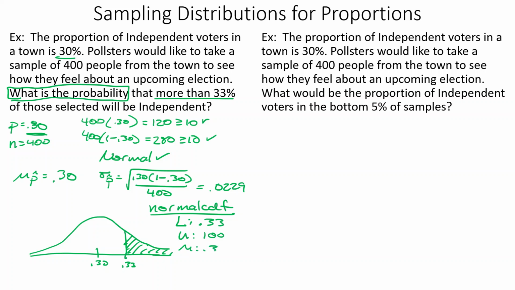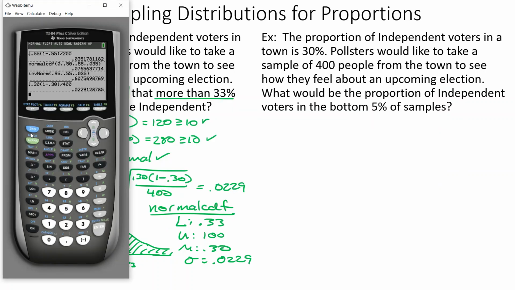The mean is 0.30. The standard deviation, we calculated to be 0.0229. Don't forget the 0 in there. I see some of you like to leave out the zeros when we're doing work here, so don't leave out the zeros. Zeros are important. So lower bound was 0.33. Upper bound is something big. 0.30 for a mean and 0.0229.